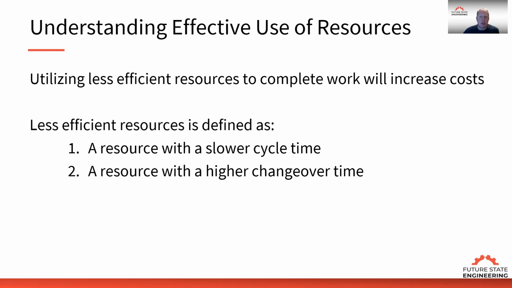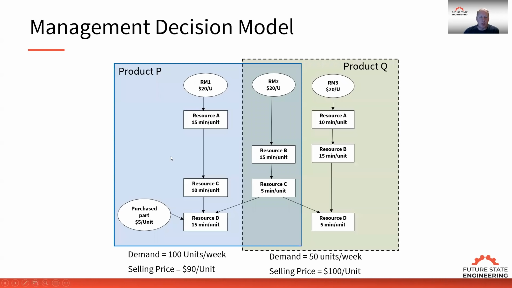So let's go into an example to understand the effect of using less effective resources. If you're familiar with the PQ exercise in Theory of Constraints, there's two products, product P and product Q, that go through different resources with different cycle times. There's three components: raw material 1, raw material 2 that's common to both products, and raw material 3.